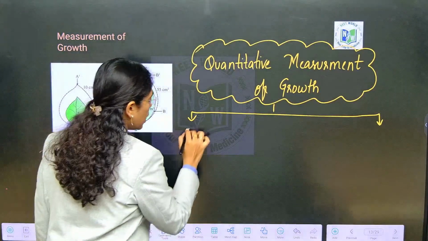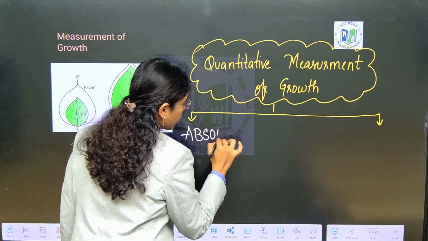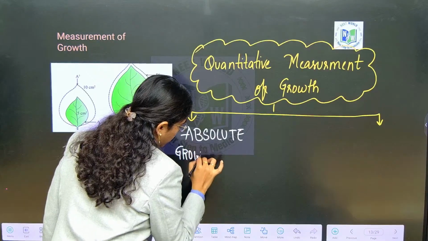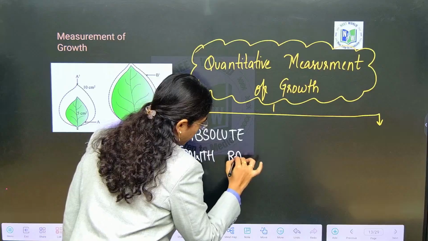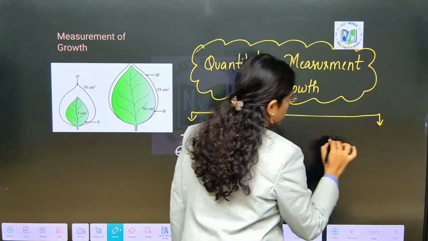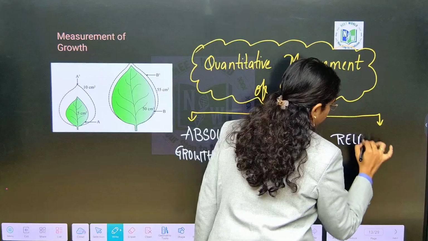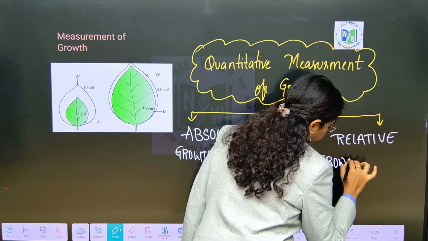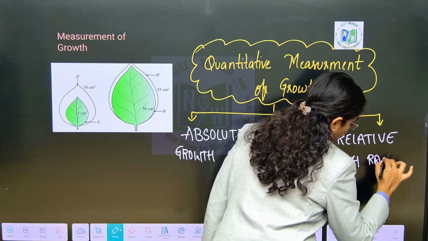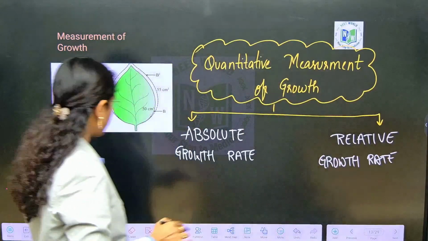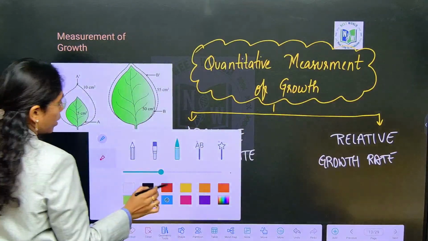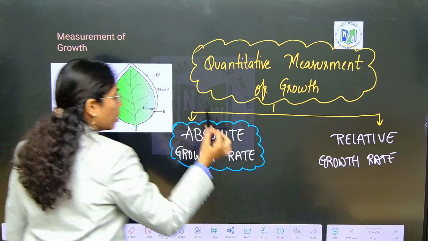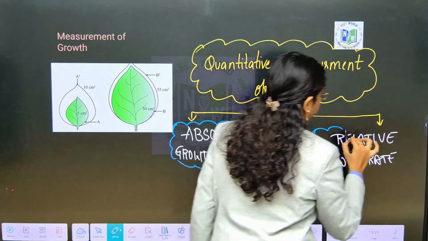Remember, first is absolute growth rate and second is relative growth rate. Fine, right? Here we go first with absolute growth rate and then you have relative growth rate.